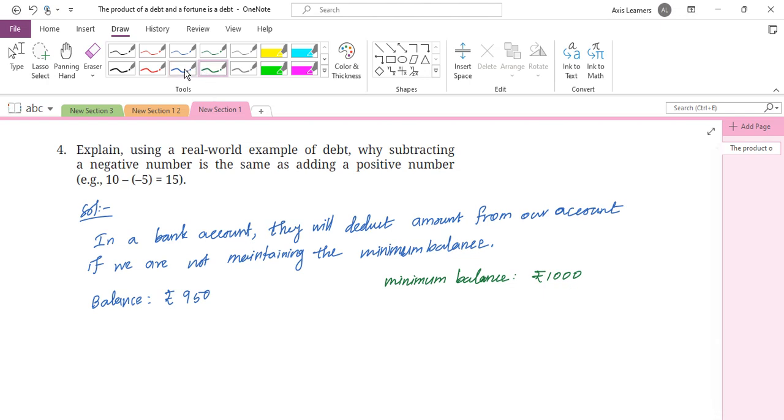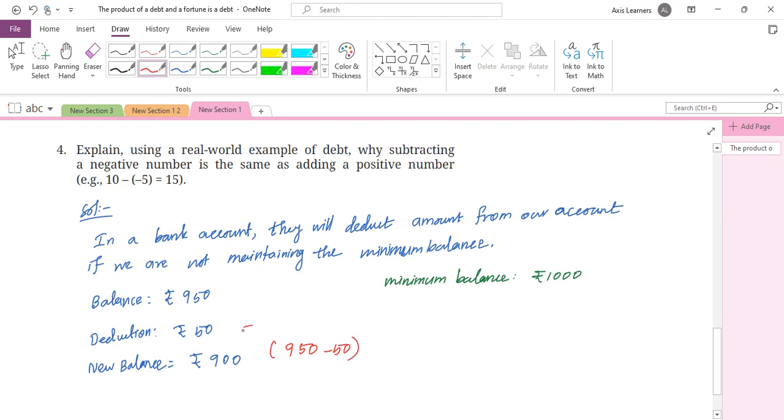So as per the bank rule, they need to deduct a charge. Deduction rupees 50. Deduction of rupees 50 means what will be the balance? New balance is equal to rupees 900, because they are deducting the amount from my account: 950 minus 50.